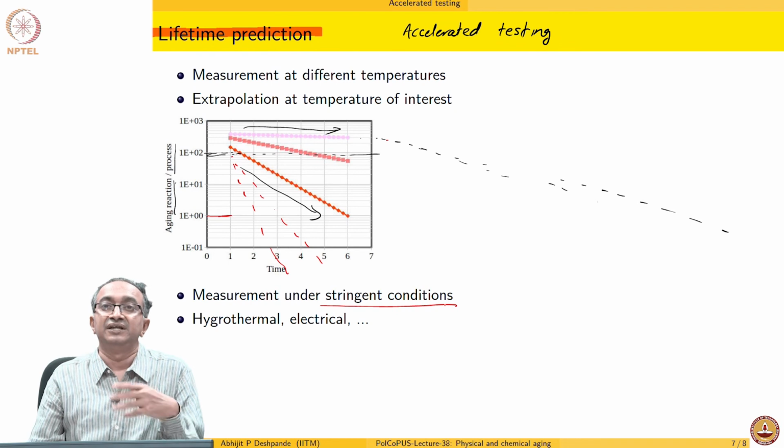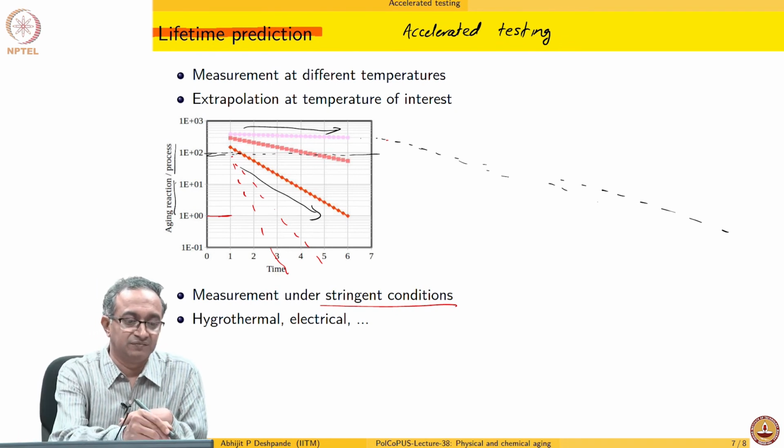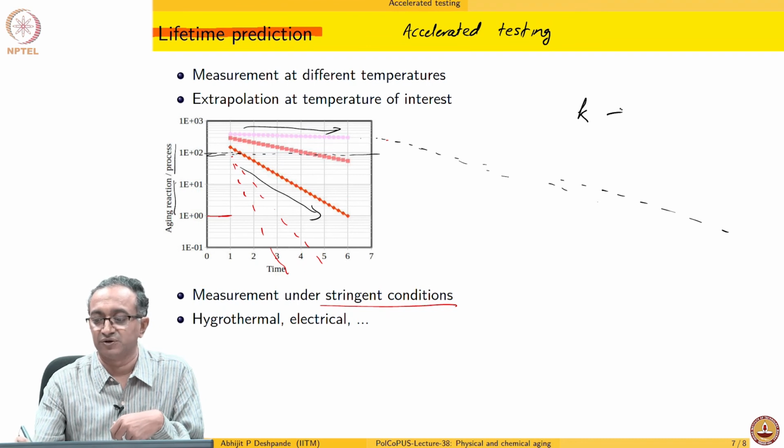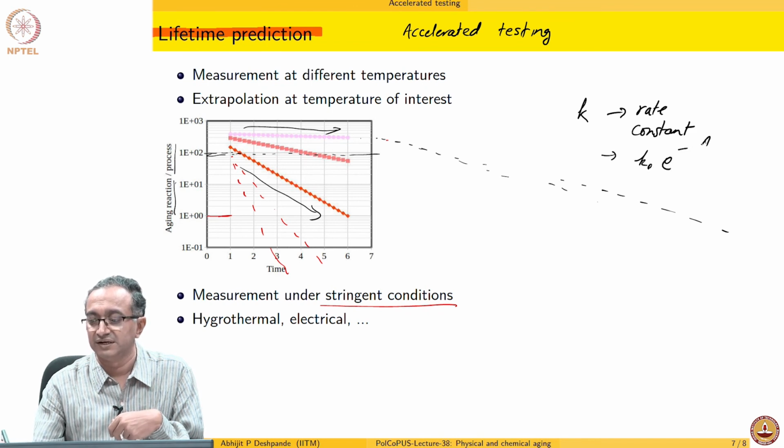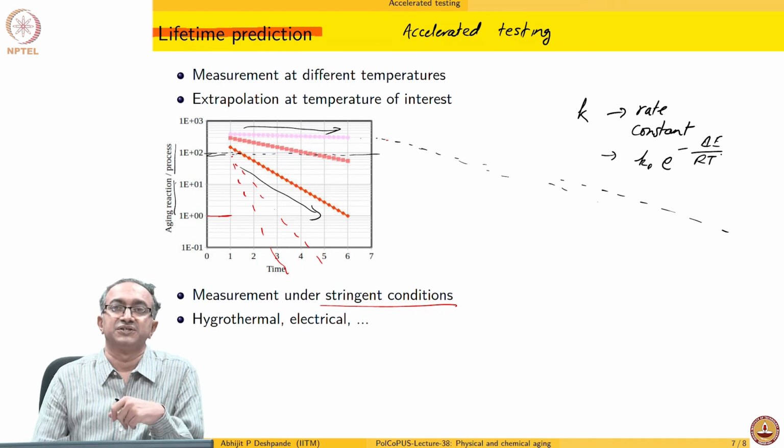So, we know that any oxidation reaction will have a rate of reaction, and the rate of reaction will be given by some rate constant. And this rate constant is basically some k naught e to the power minus delta E by RT, where delta E is the activation barrier. So, these are all activated processes.